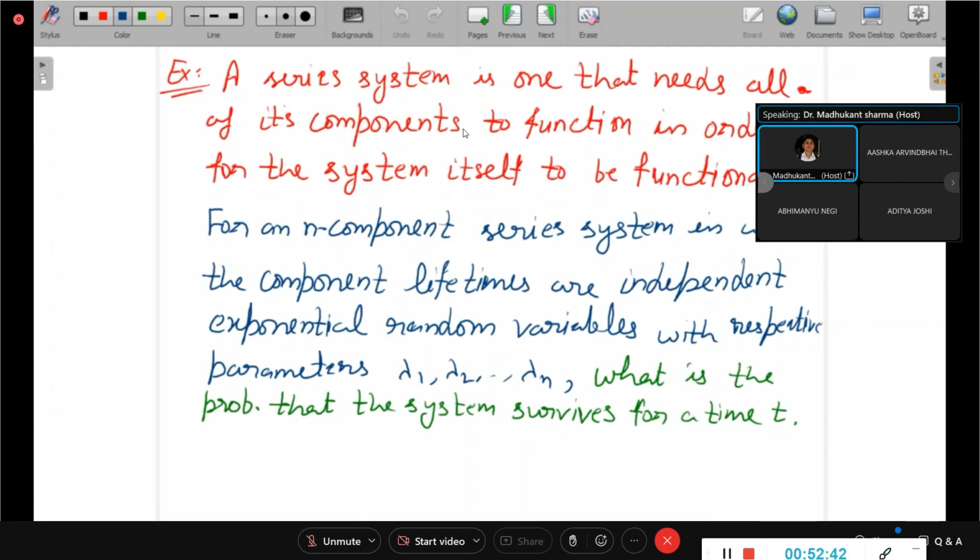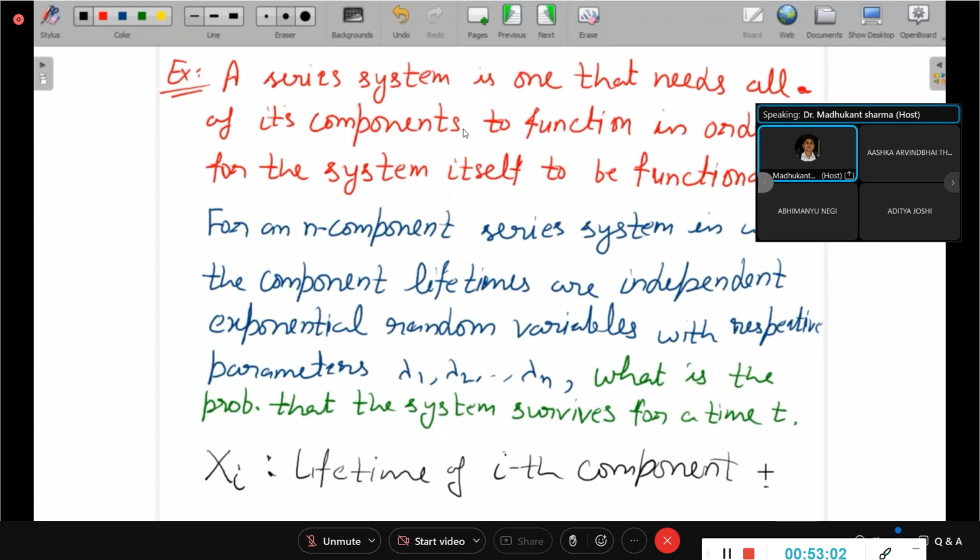So if xi denotes the lifetime of the ith component, this will certainly follow the exponential distribution with parameter lambda i. And now you want the system to survive; the system will function whenever all of them are functional together, all components should function. So we have to work with the minimum of them. All should work together.